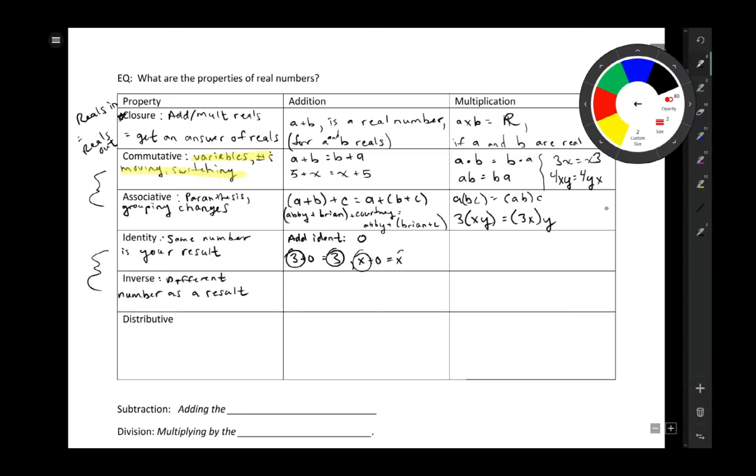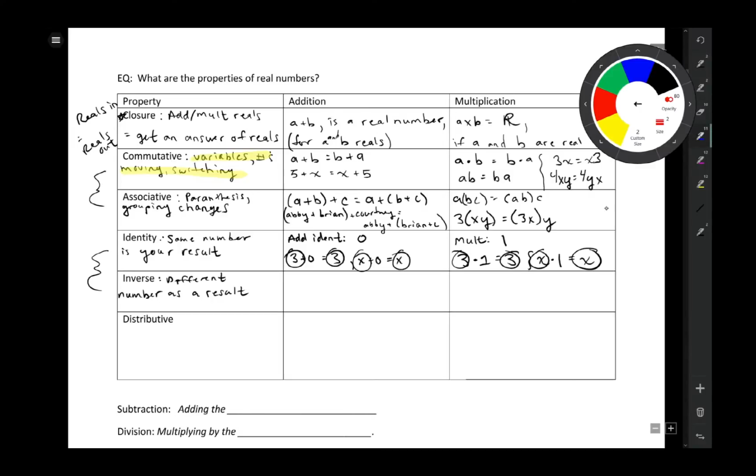Same number in, same number out. Multiplication, the identity, you guys probably know, is 1. 3 times 1 equals 3, and x times 1 equals x. You get the same number out.